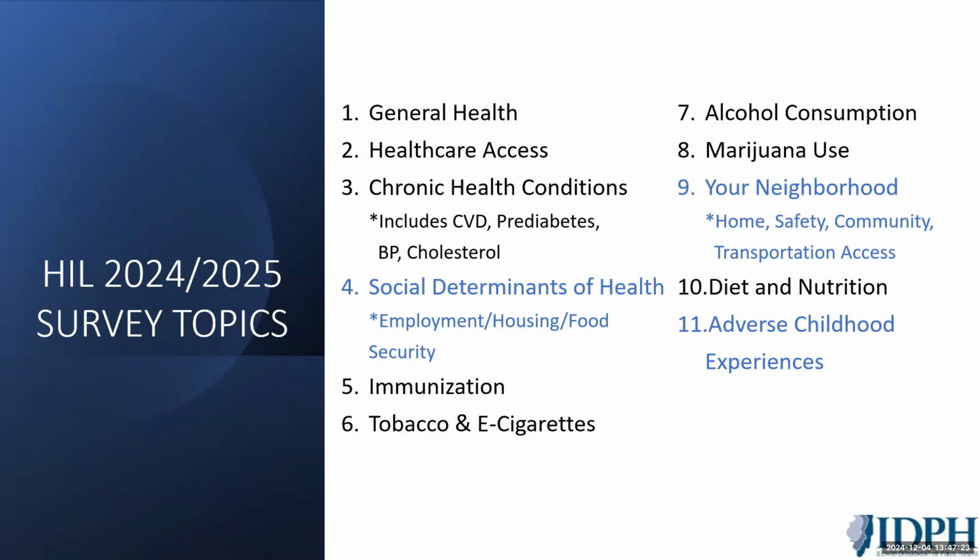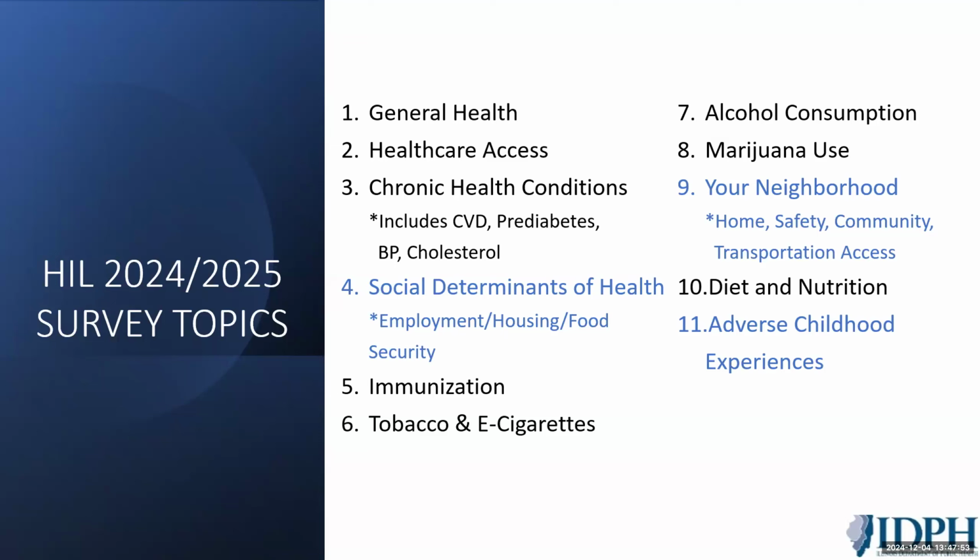Some of the topic areas, this is the overview of what is currently on the Healthy Illinois survey. However, the blue ones are ones that have never been included at the local level before, so they weren't on the county BRFSS survey. With the focus on health equity, the social determinants of health are included, and this is specific to financial security, food security, housing security, and employment security.